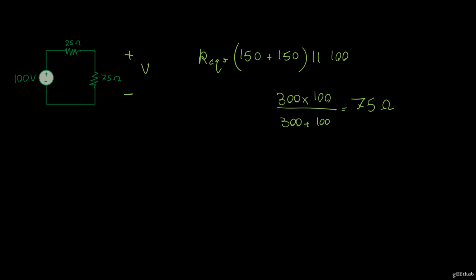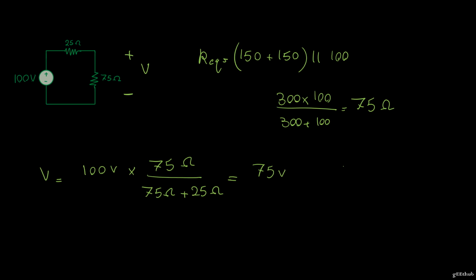So my voltage is then going to be, from our voltage drop equation in Ohm's Law section, 100 volts times 75 ohms divided by 75 ohms plus 25 ohms. So this is 75% of the 100 volts, so that's 75 volts.